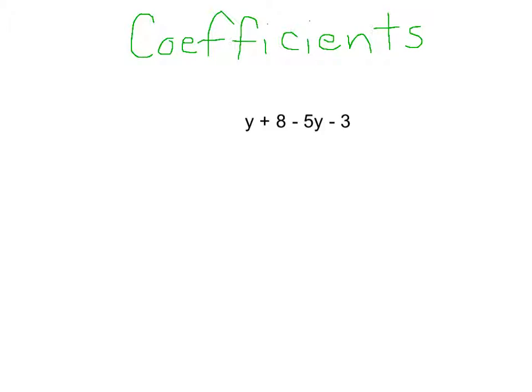Other terms. So right now, my 1 would be a coefficient because I've got 1y. Negative 5 would be a coefficient because the negative 5 is teamed up with the variable y. The 8 and the negative 3 would not be coefficients because they're not grouped up with any variables.